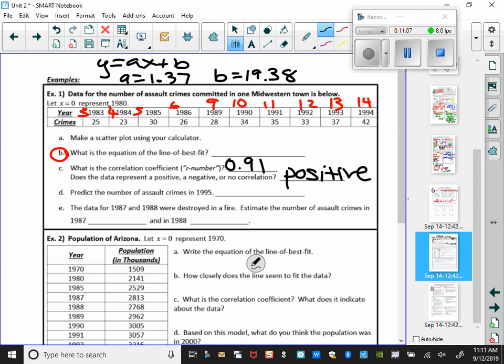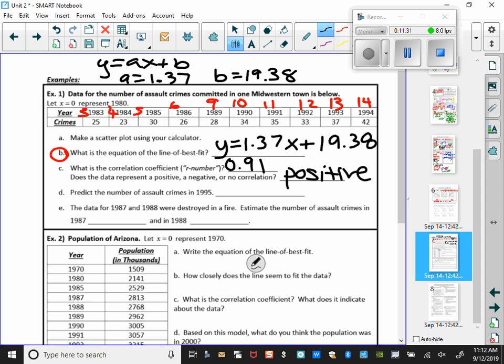Perfect. So think about writing that as a line of best fit. What would that look like? Your a is your what value? Your slope. So that'll be y equals 1.37x plus 0.38.